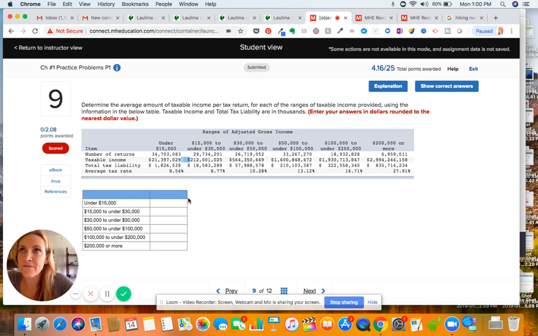Let's say we had 5 returns that totaled $5,000 of income. If we wanted to find out what the average was for that, we would do 5,000 total income divided by 5 returns, and that would give us 1,000 per return.